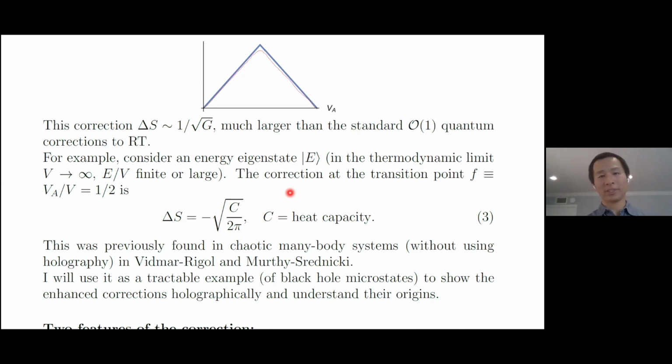The transition point is precisely 1/2, when the subsystem is 1/2 of the full system, and at that point, which is the peak of the Page curve, the correction goes like minus the square root of C over 2 pi, where C is the heat capacity. So in a holographic system, the heat capacity goes like 1 over G, and therefore this correction goes like 1 over square root of G.